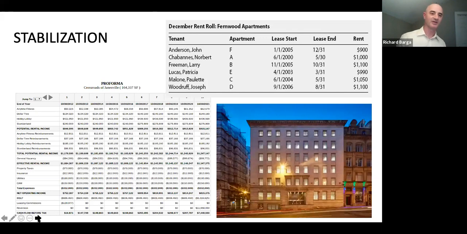The understanding is that stabilization is when these properties become occupied and the management phase really takes over. Next slide.